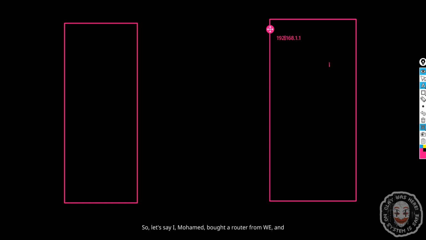Let's say I, Mohammed, bought a router from We, and the router's default address is this. Now, in another network, someone else also bought the same router, the same model as mine, so you'll find that the default gateway is the same IP address. Or maybe a slightly different IP address.